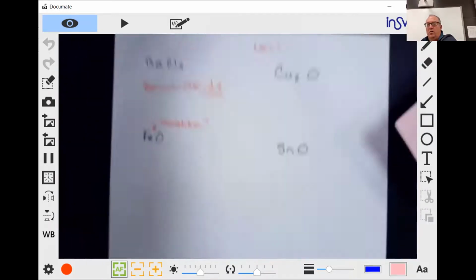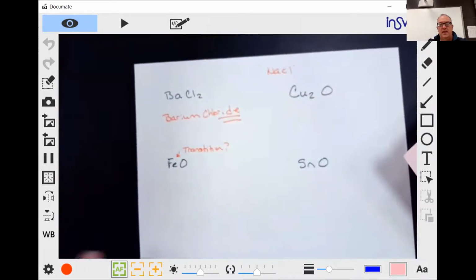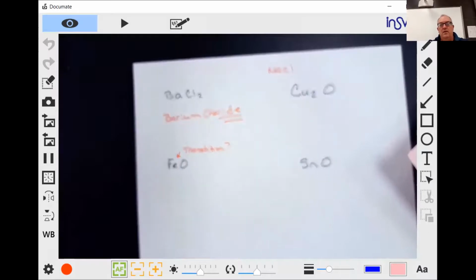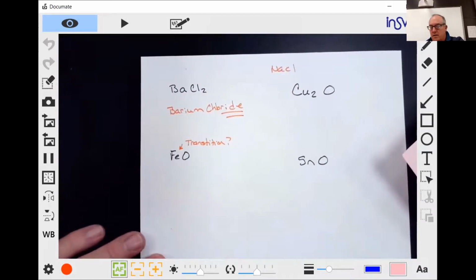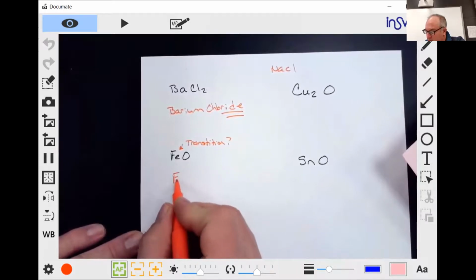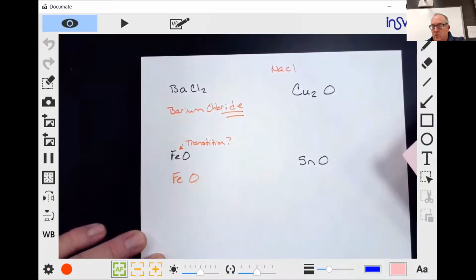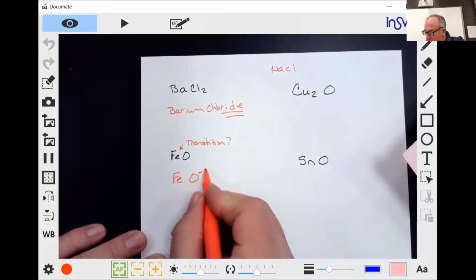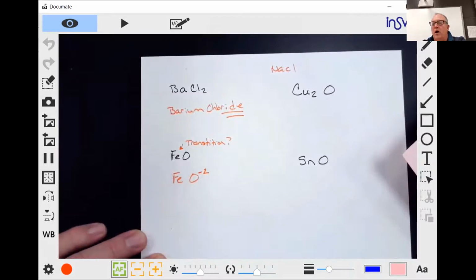So I know in this example that iron is a transition one. So if I want to do this backwards, what I do is oxygen we know is always a -2. So we always look at the non-metal in this case. It's always a -2.